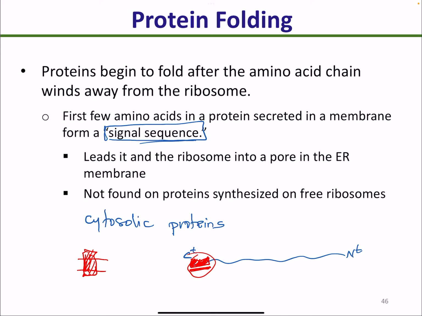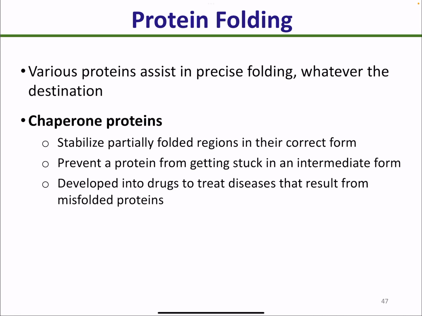All right? So that's something I wanted to make clear here. All right. So the chaperones are going to play a very important role in protein folding. These chaperones are going to basically allow a protein to go from primary structure to secondary structure to tertiary structure and eventually to quaternary structure.